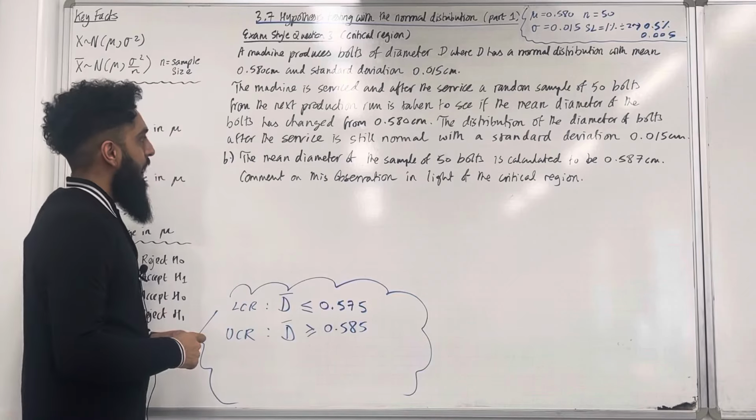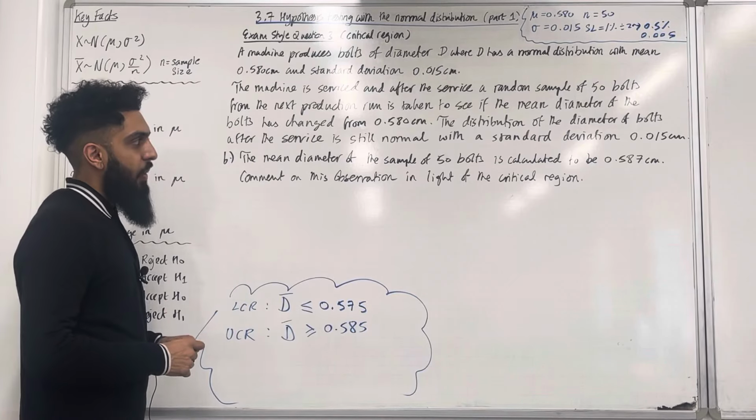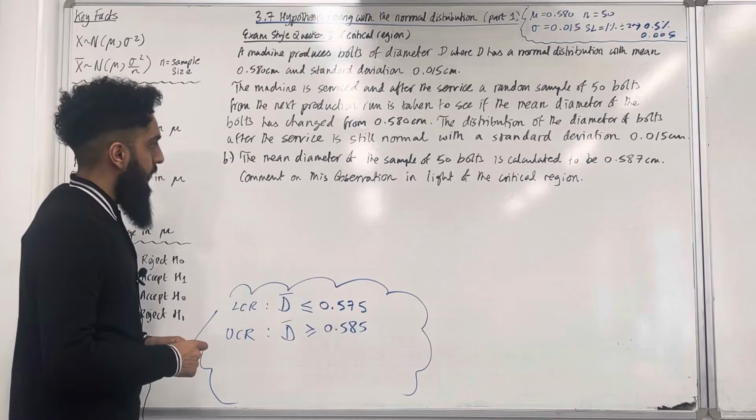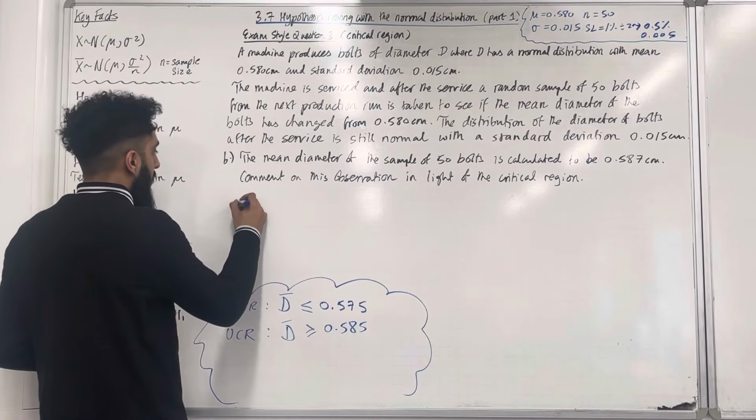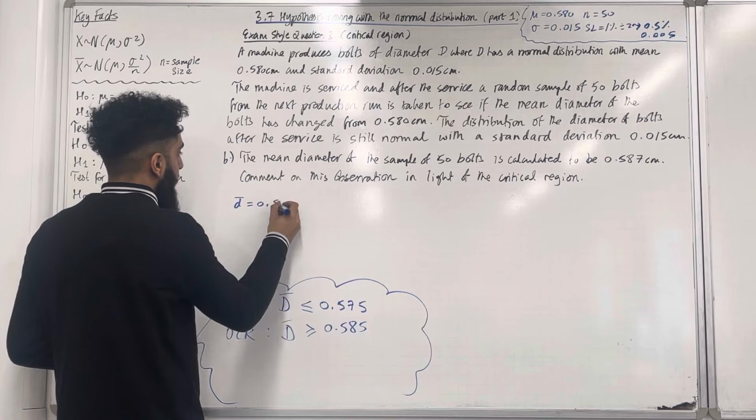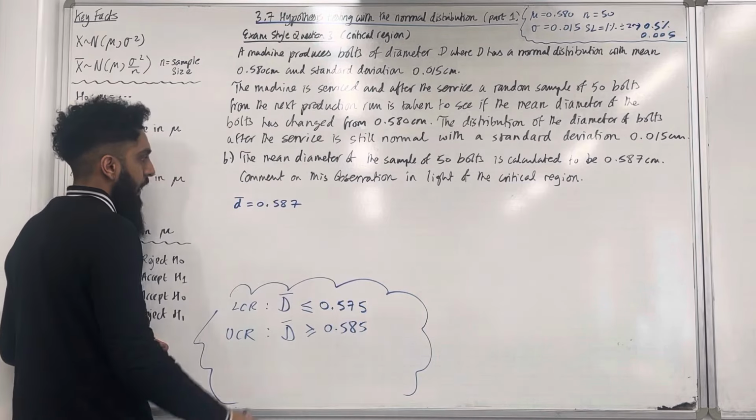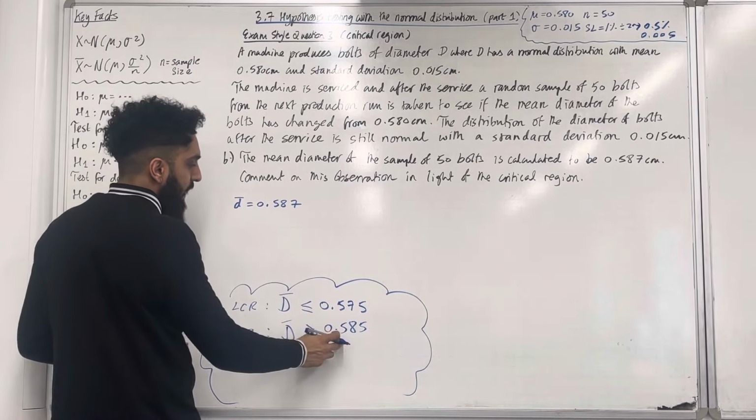Moving on to part B. The mean diameter of the sample of 50 bolts is calculated to be 0.587 centimeter. Comment on this observation in light of the critical region. So we have that lowercase d bar is equal to 0.587 centimeter. This is more than 0.585.